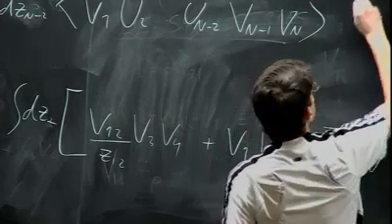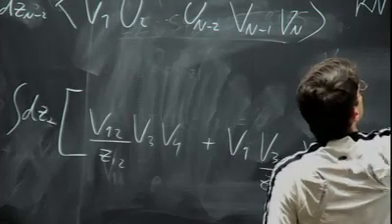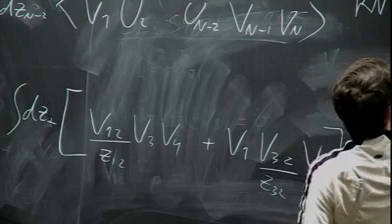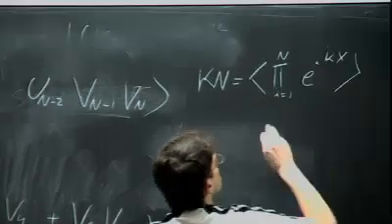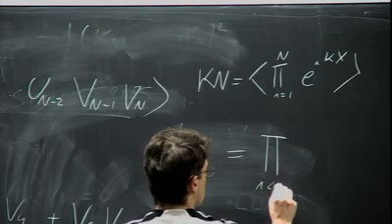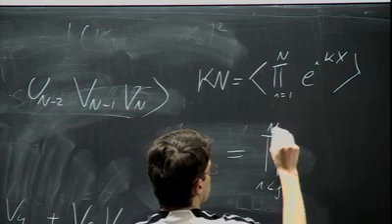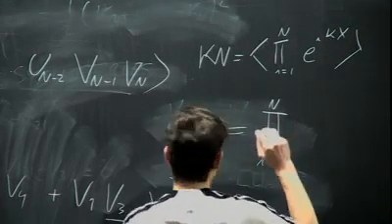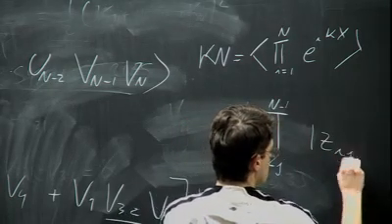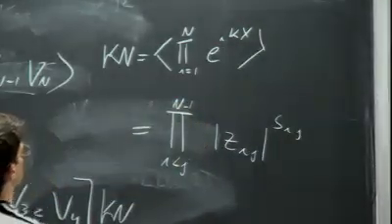And the Koba-Nielsen factor, just to be complete, it's what you get from this computation. I'm not doing this computation, but that's the result you will get. It's the product over i less than j, and in this case it will be n minus 1, of z_ij over s_ij. That's the Koba-Nielsen factor.